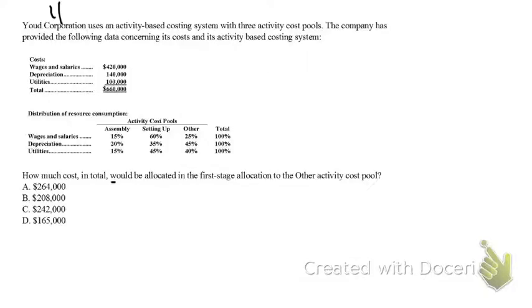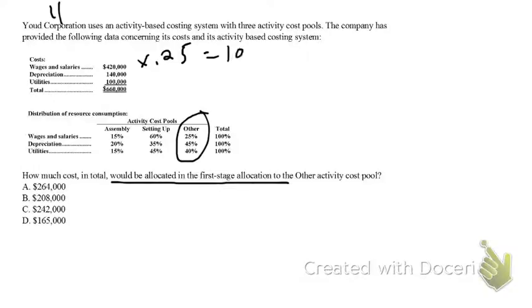How much in total cost would be allocated to the first stage under the other activity pool? What I need to do is take the 420,000 and multiply it times 0.25, which gives me 105,000. I take the 140,000 and multiply it times 0.45, which gives me 63,000.